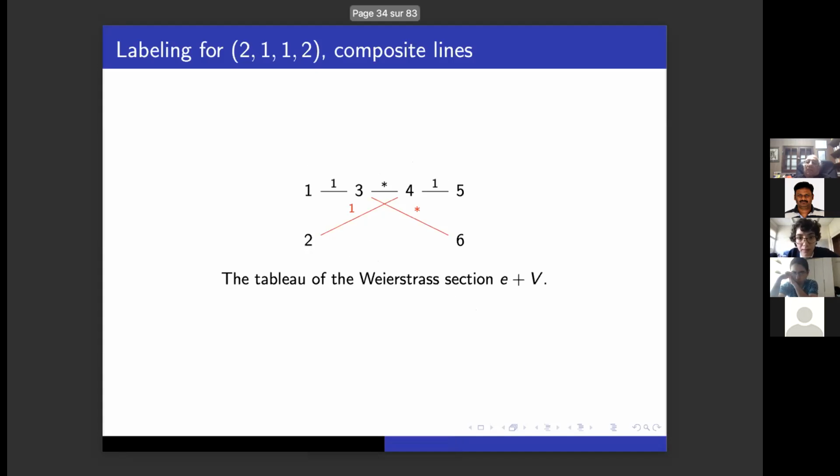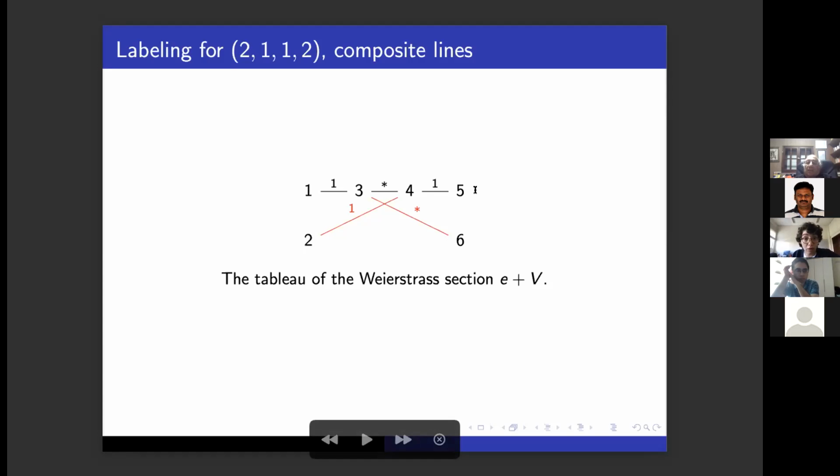So let's go back to this diagram because there is a lot of things to say. So first of all, I call composite line a line constituted of line labels where they do not share a box, they pass over all columns and all boxes. For example, here my composite line is 1, 3, 6, and the second composite line is 2, 4, 5.